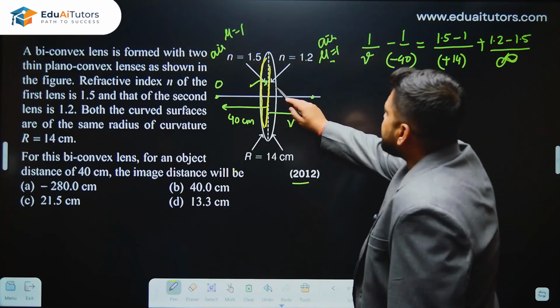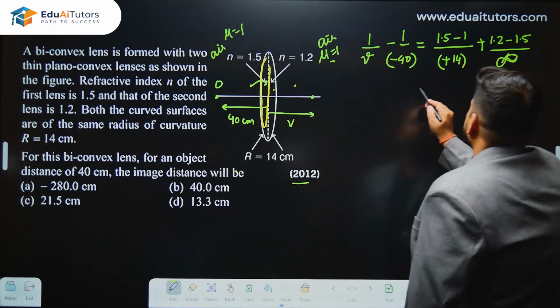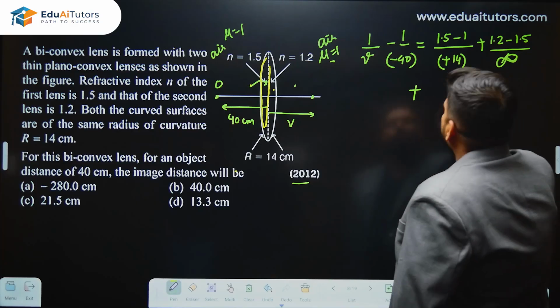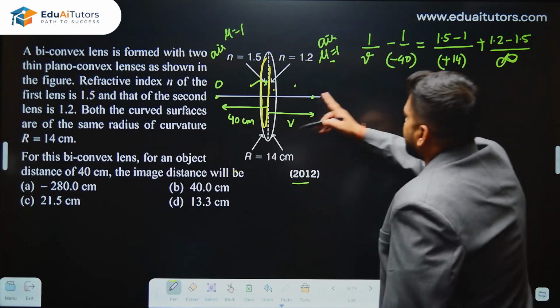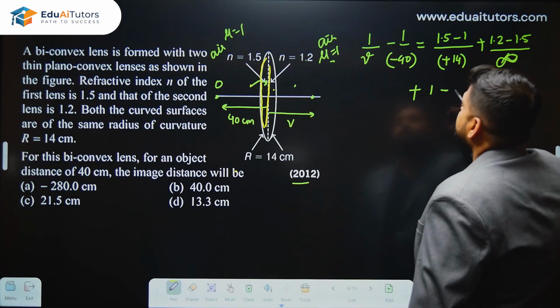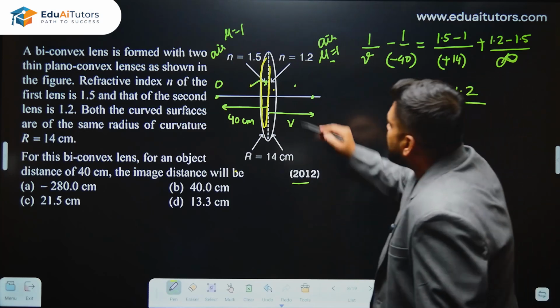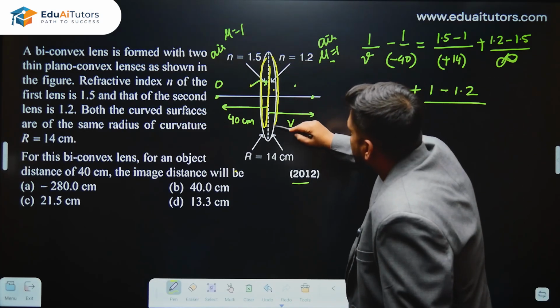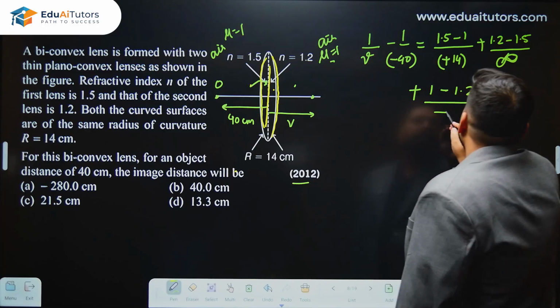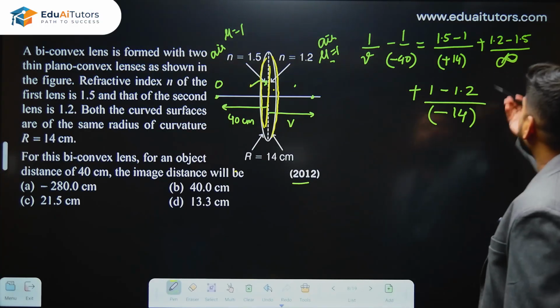And next, the light is coming from 1.2 and going to air, so we'll have 1 minus 1.2, divided by the radius. This radius will be negative, which is minus 14. All right. So here you have the equation.